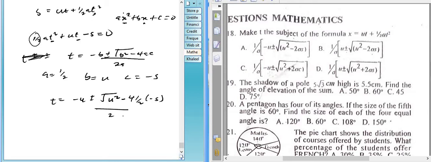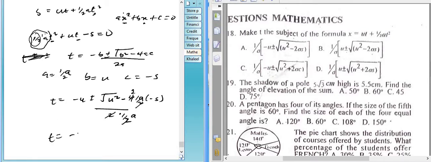Here 2a is 2 times half a, so the 2 goes into the 4 and we have 2.